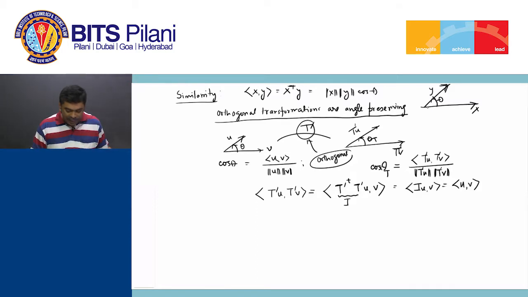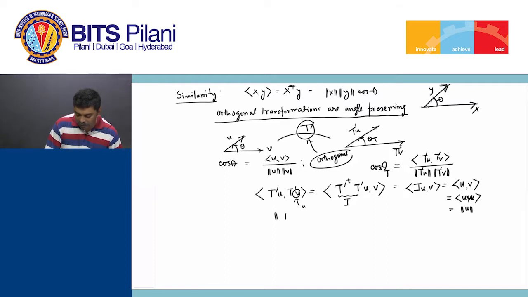Also it is very easy to see, if I replace this v with u, then what I'm doing is taking the inner product of t dash u with itself. According to the same principle, I will have to replace the v with u, right? Now we know that the inner product of u with itself is nothing but the norm of u, and this is nothing but the norm of t prime of u.